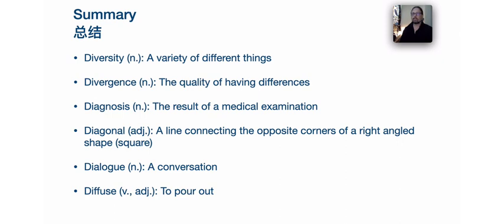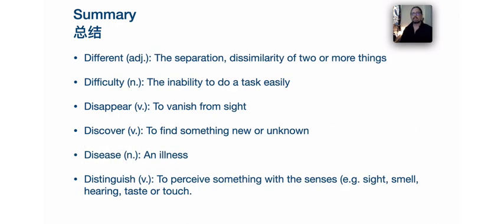Diagnosis, the result of a medical examination. Diagonal, a line connecting the opposite corners of a right-angled shape, such as a square. Dialogue is a conversation. Diffuse is to pour out. Different, the separation or dissimilarity of two or more things.